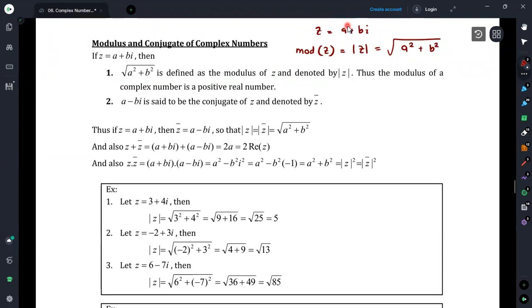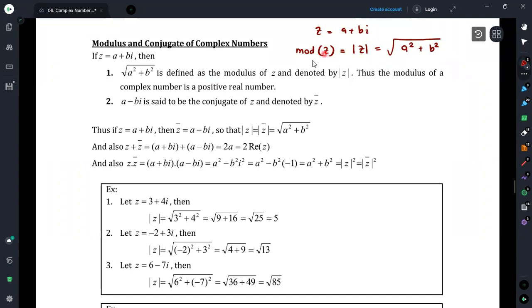Taking the square root of the sum of the squares of a and b gives the modulus of the complex number. Since we are getting the modulus, generally the modulus of a complex number considers the positive part only. We are not going to think about the negative value, only the positive part of this square root.